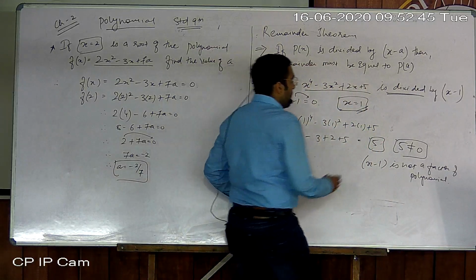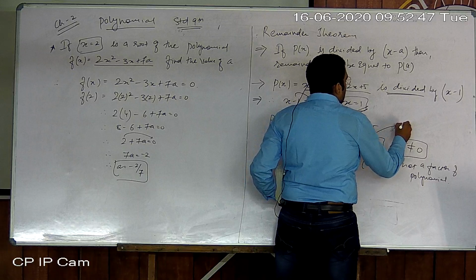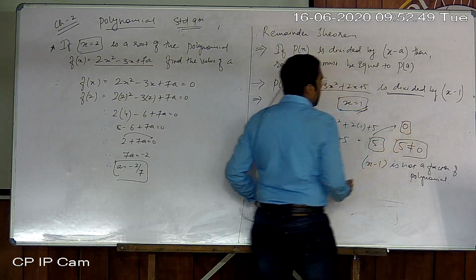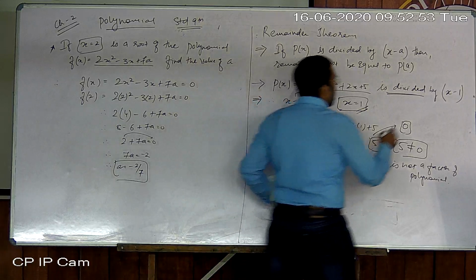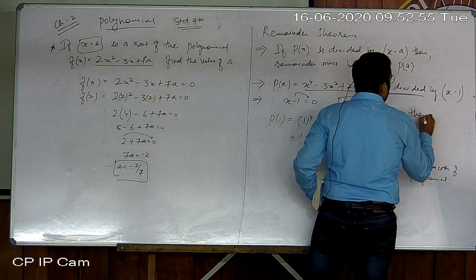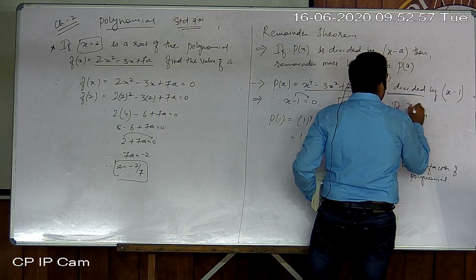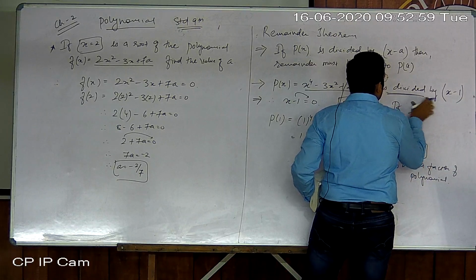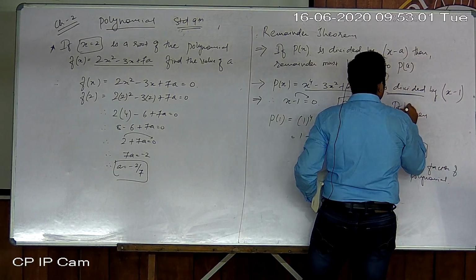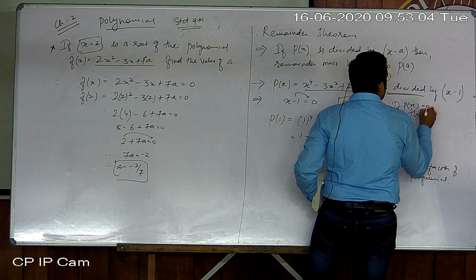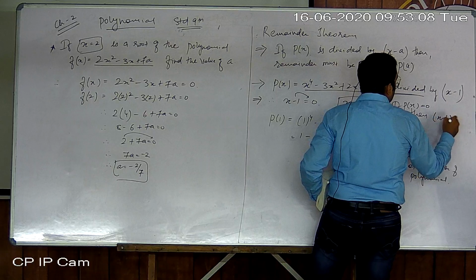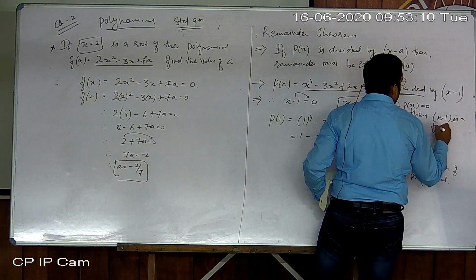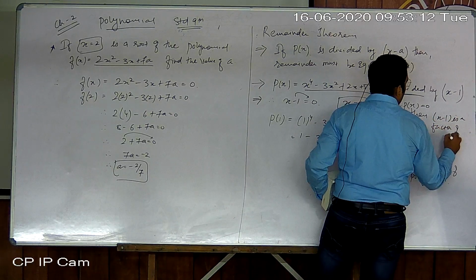If the answer were 0, that is, if P of x is equal to 0, then we say that x minus 1 is a factor of the polynomial.